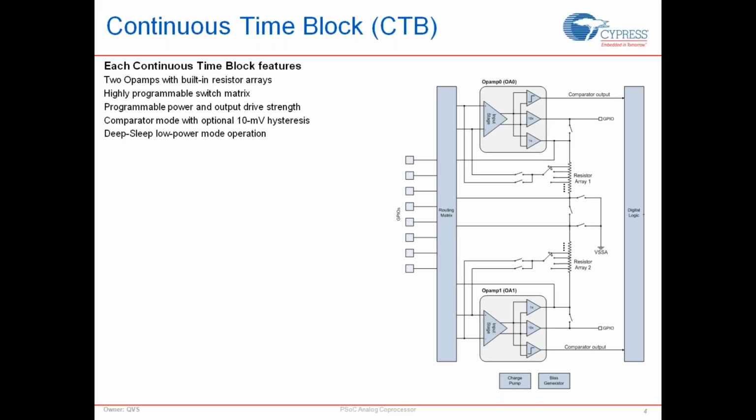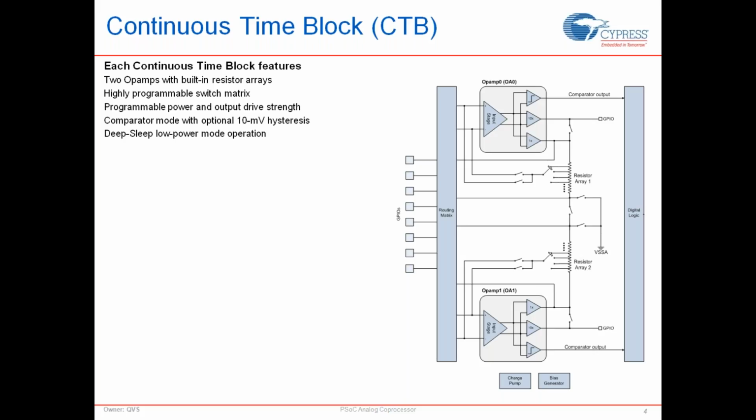In addition, you also have a resistor array in the CTB, which, along with all the programmable routing inside the CTB, gives you an option to connect the resistor array in a feedback plus an input resistor arrangement, which gives you the configuration of a PGA.